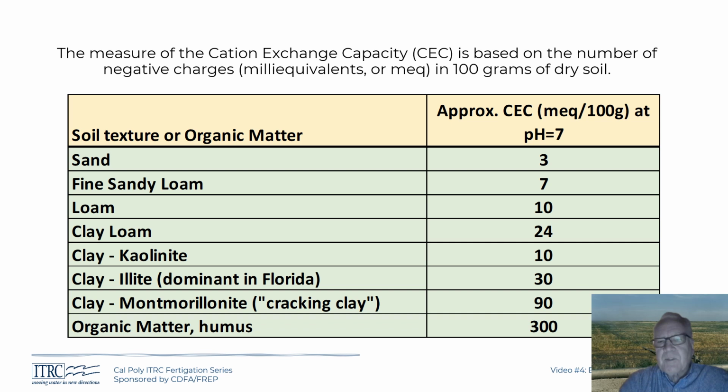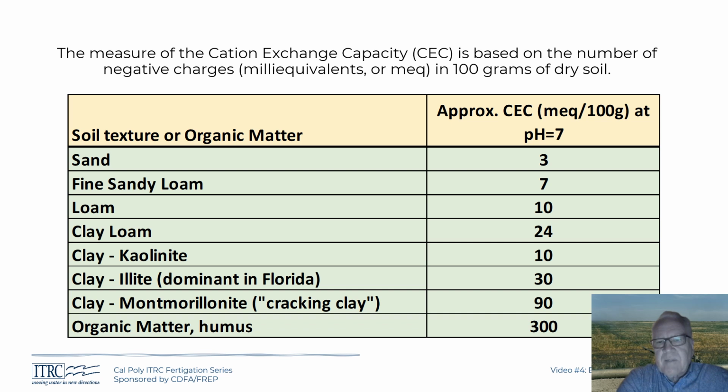So we have 100 grams of soil, dry soil, and basically you measure how many charges there are. And it's not that important to know the details here at this point, except if you take a look at this table, you'll see a sand, for example, has a number of 3, and a cracking clay soil down there has a number of 90.